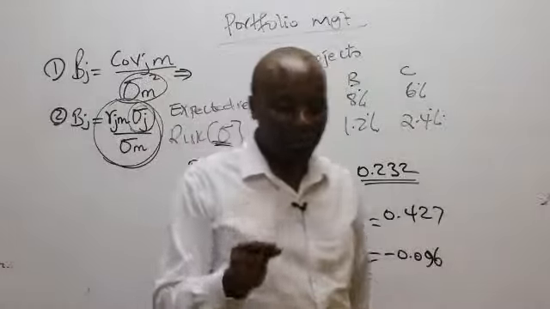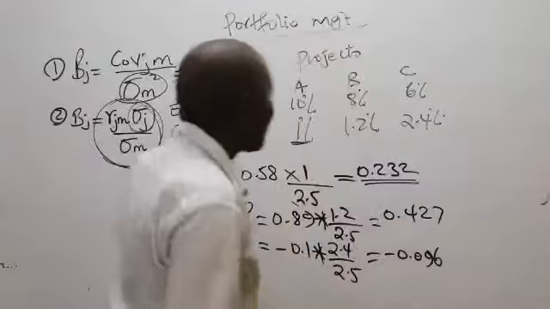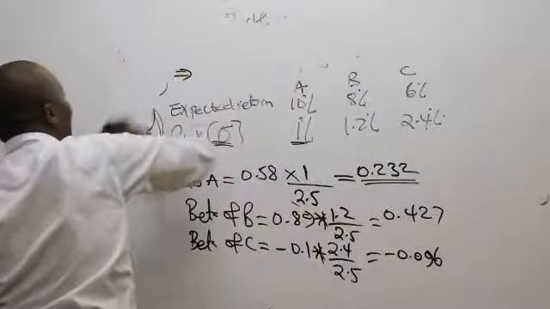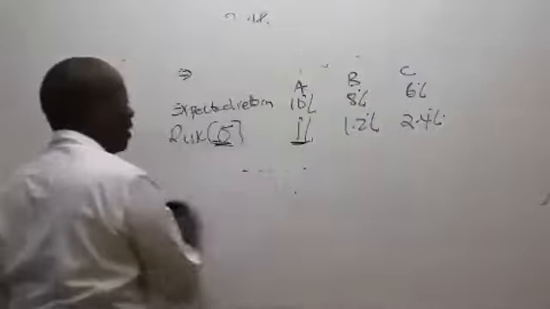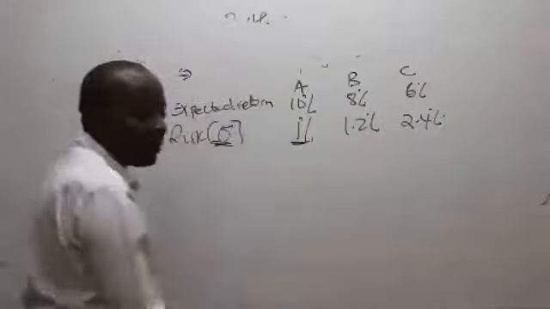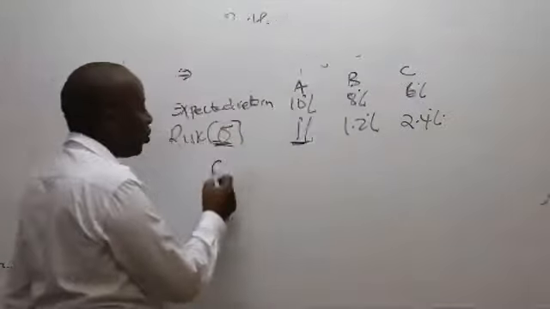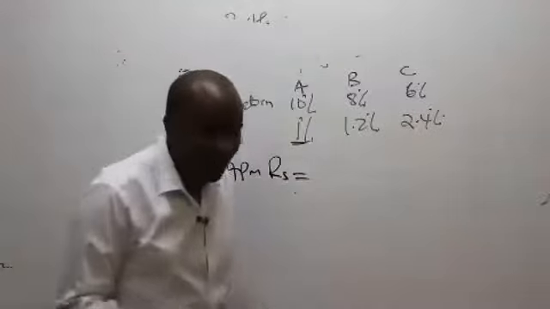So using CAPM, is there anybody who is able to remember the CAPM returns formula? We know that the CAPM return of a security will be equal to somebody.